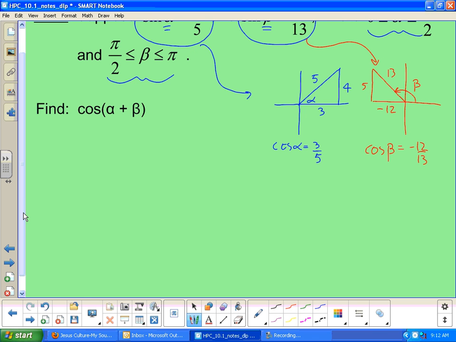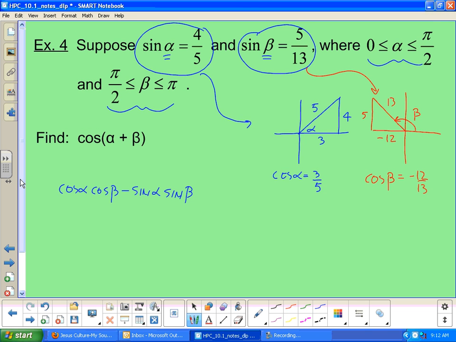So cosine, cosine, sine, sine. We're going to get cosine alpha, cosine beta. Remember that the plus there, cosine's bad, change it: minus sine alpha, sine beta. And we have all of these values, actually. We can fill it all in.